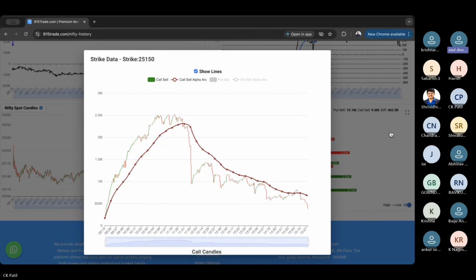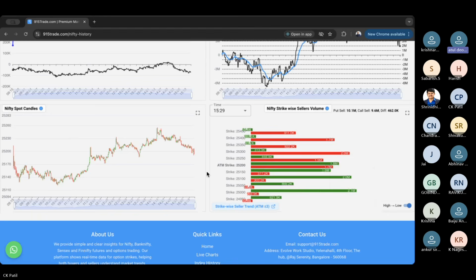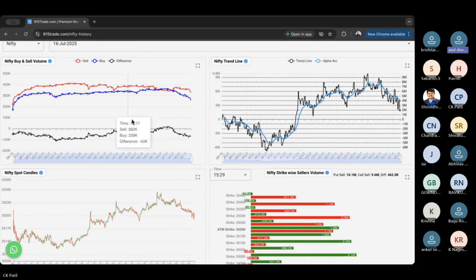Sir, one suggestion and one humble request for you. I am starting with the suggestion. Can we provide that chart of ATM on our first page? We are showing 4 charts there. Left hand side top, where you are showing the buy and sell difference for Nifty future.